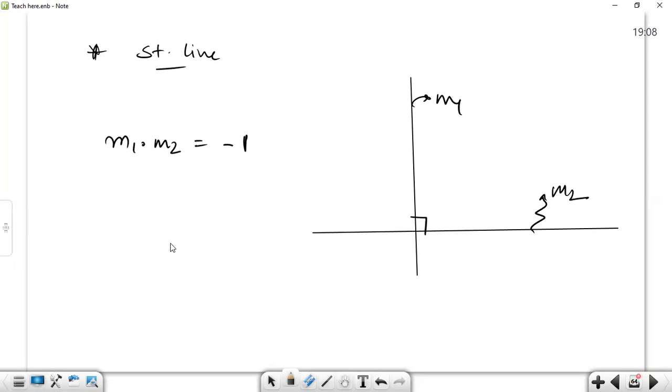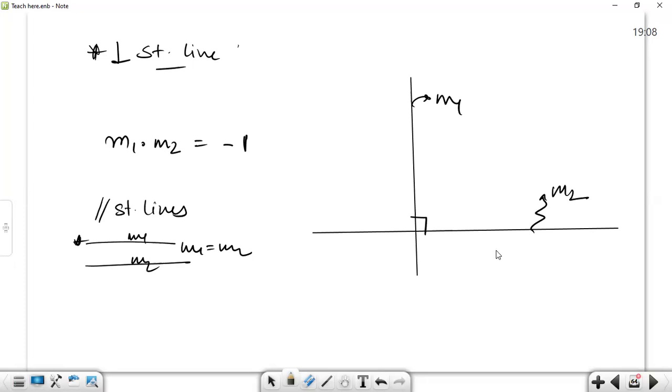If there are two straight lines which are parallel, their slopes would be simply equal. This is one case, perpendicular straight lines. This is another case, parallel straight lines.